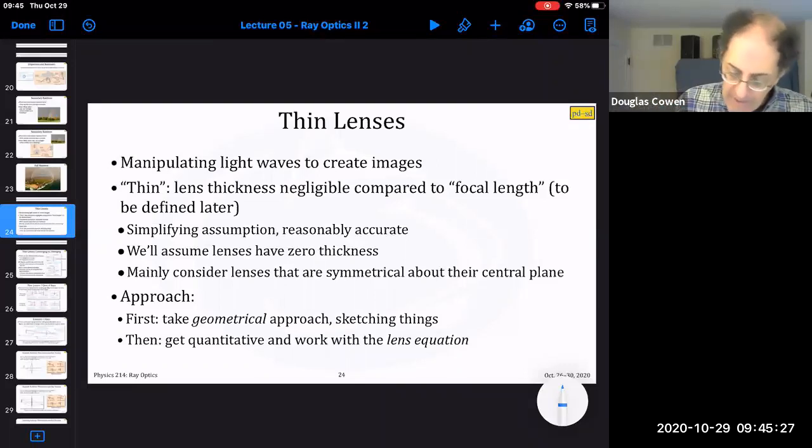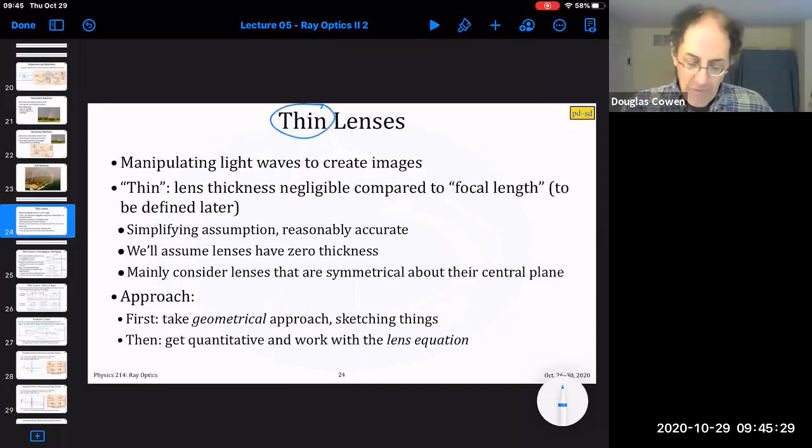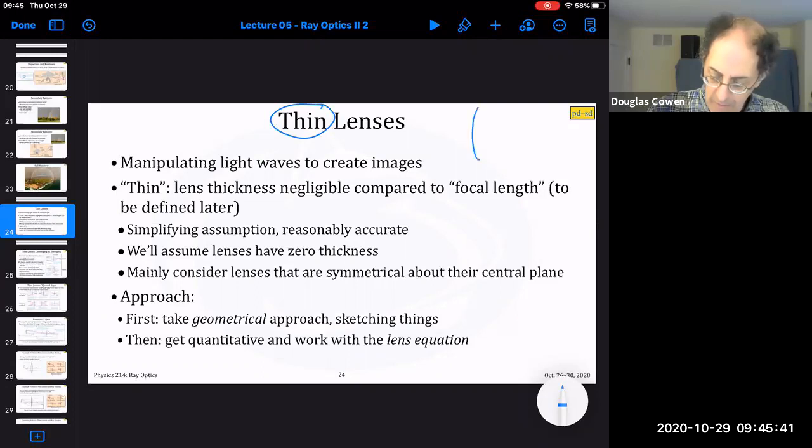The adjective thin here refers to the thickness of the lens relative to something called the focal length, which will be defined in detail later. But let me just draw a quick picture so we know what the terminology is. If this is a lens made out of glass sitting in air, and you send some light into it, that light will go to a point that is some distance f away. That's called the focal length.